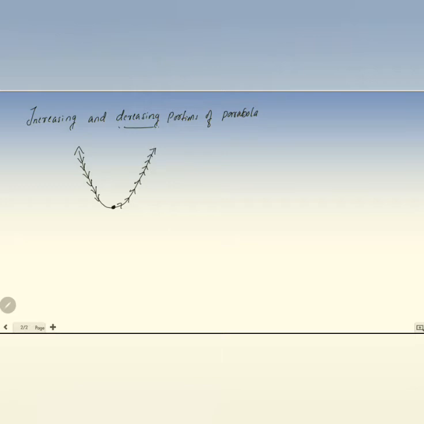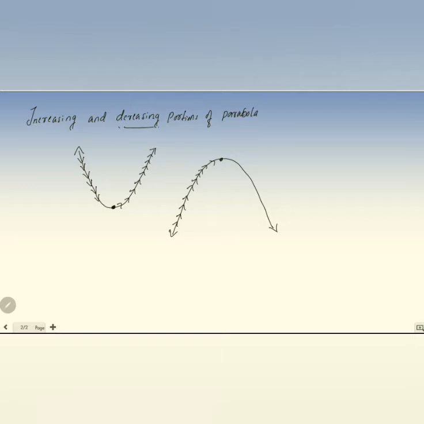Similarly, when it comes to a concave down parabola, when you look from left to right, the graph is increasing first. If I put arrows, the arrows pointing upwards mean it is increasing. Then at the turning point, neither increasing nor decreasing.